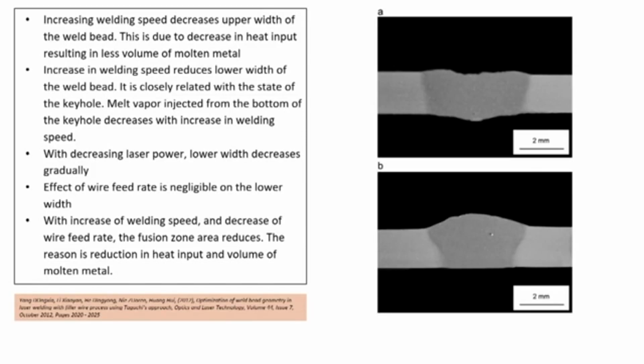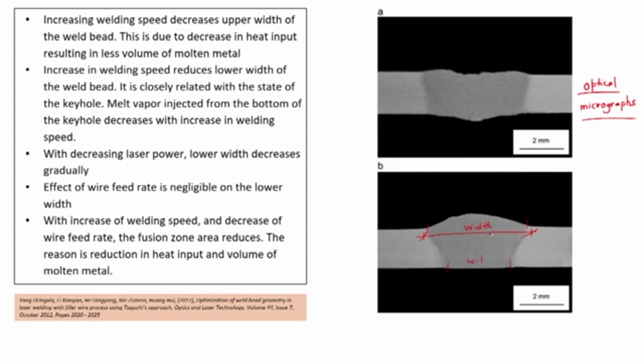Now, on your screen you can see two optical micrographs, and these two optical micrographs are generated after the welding operation. You can observe the bead at the top, or you can say at the upper portion, and there is a lower portion as well.